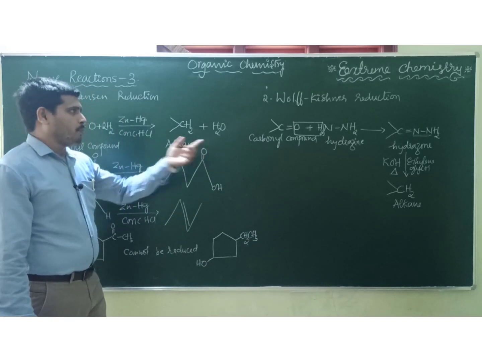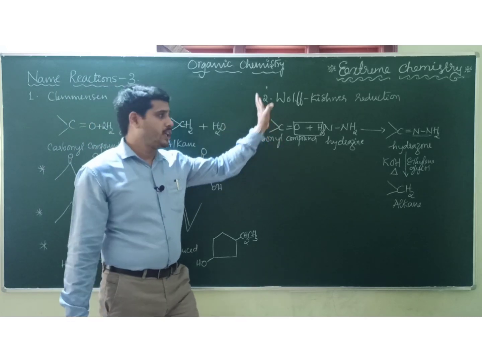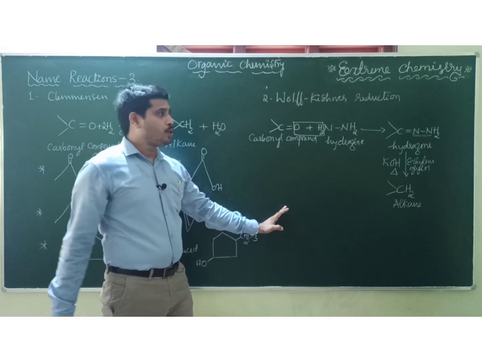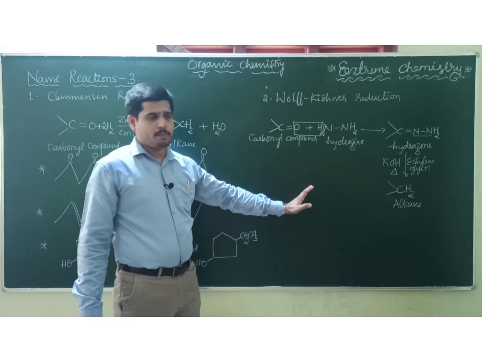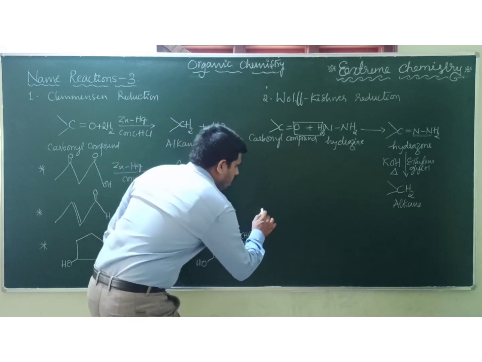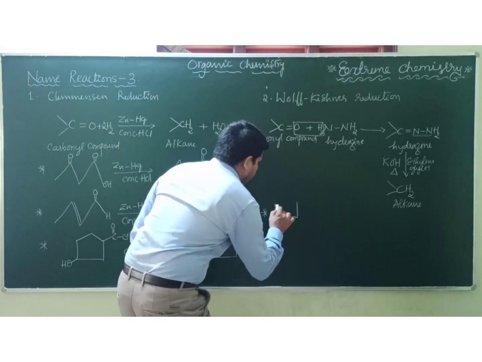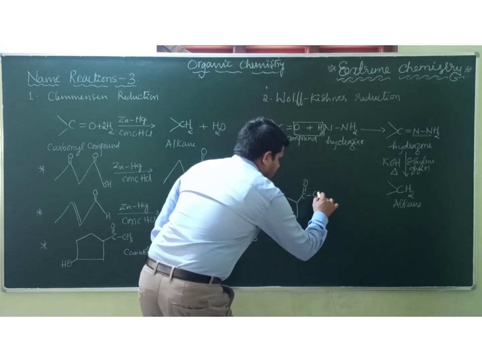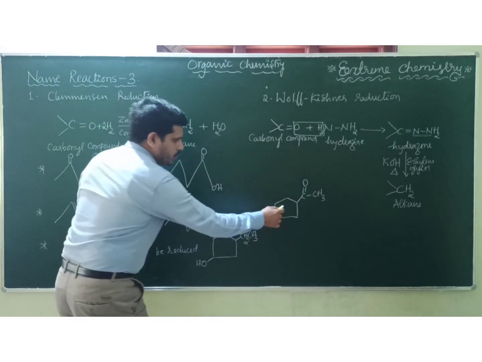Is that okay? So with the help of these two reactions, we can convert any given carbonyl compound into alkane. So what did I say here? Base sensitive groups are not going to be reduced with this particular reaction. One example, if you want, you can take this as a base sensitive compound. Here C double bond O, I'll do a slight modification with respect to the compound.